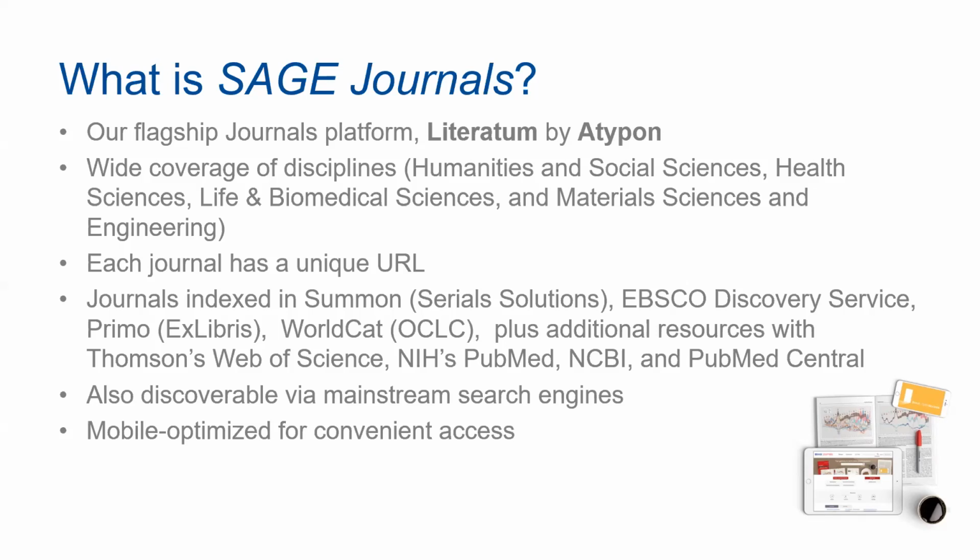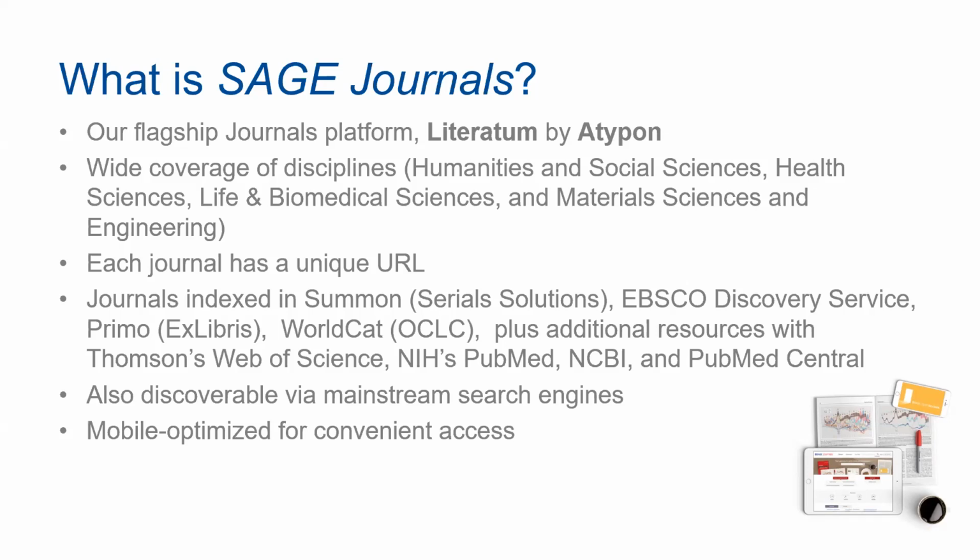So you may want to start from the Sage Journals homepage, but if that isn't the natural way that you would usually begin your search for library resources or content, you can use a number of these different systems that your library may have enabled, or other routes in, such as search engines. So really you should be able to discover Sage Journals content no matter your usual route into discovering your library's resources.